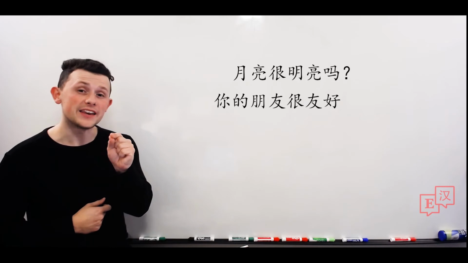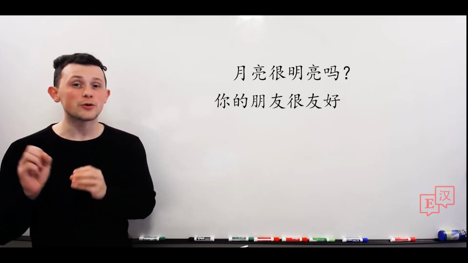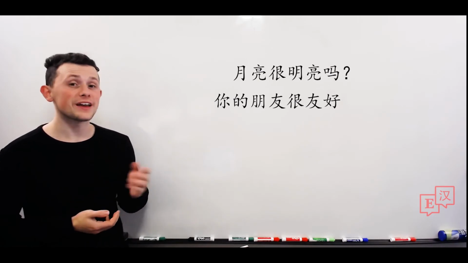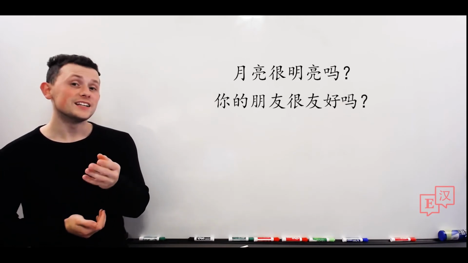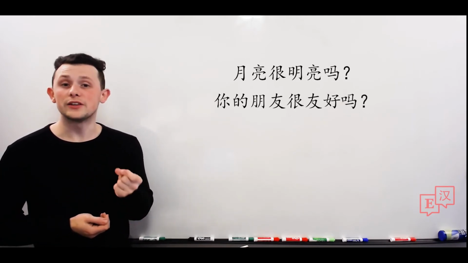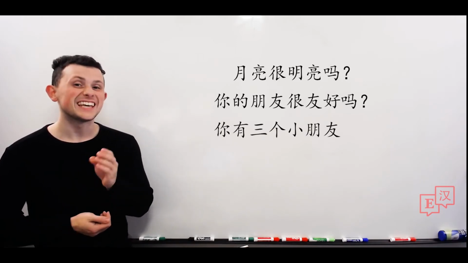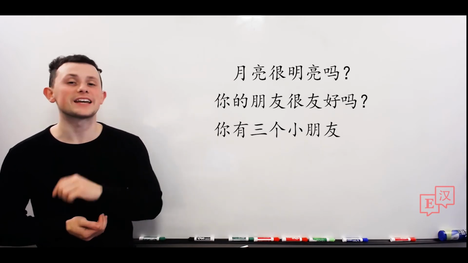Remember, 很 simply maps as is, connecting a noun to an adjective. So your friend is friendly. Now, if we want that to be a question, 你的朋友很友好吗? Is your friend friendly? Simply adding the 吗 turns that into a question.